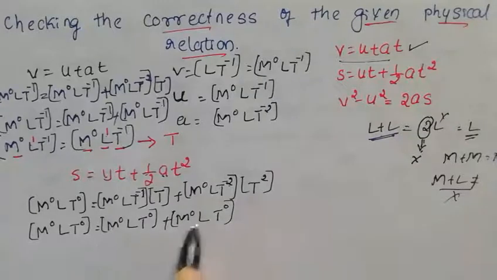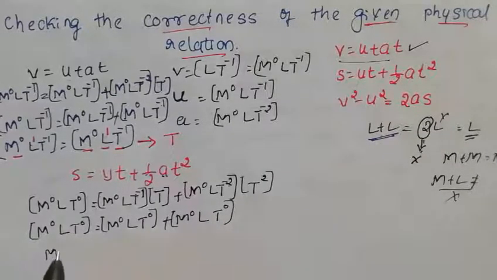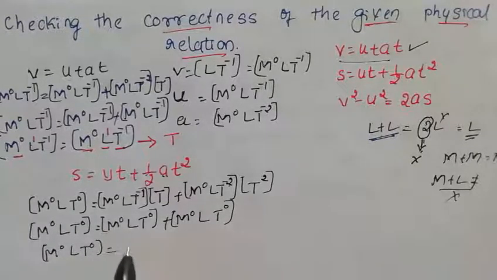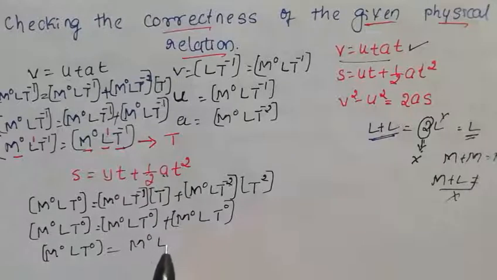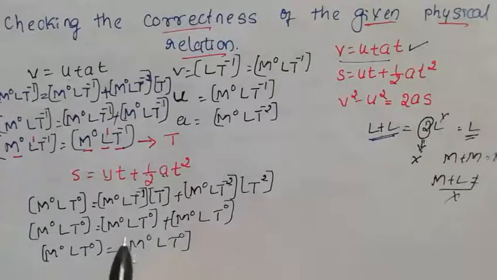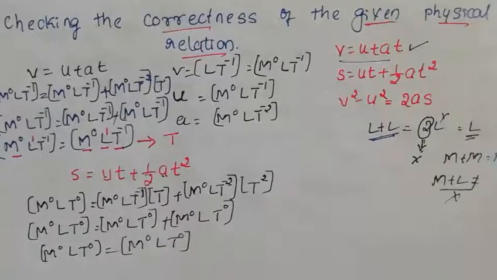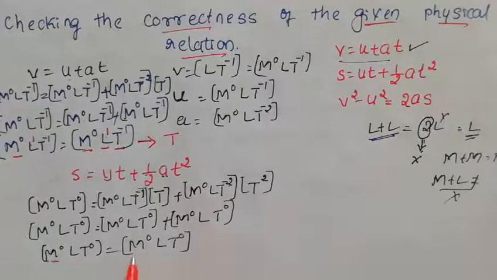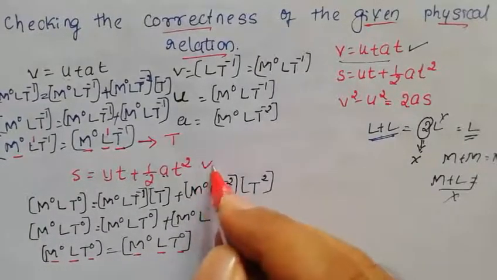Now look at, since both the quantities on right hand side is same, I can add them, M power 0, L, T power 0, that is equal to M power 0, L, T power 0. Now compare the dimension of M, L, T on both sides. M here 0, here 0, L 1, here 1, T 0, T 0, means this equation is dimensionally correct.